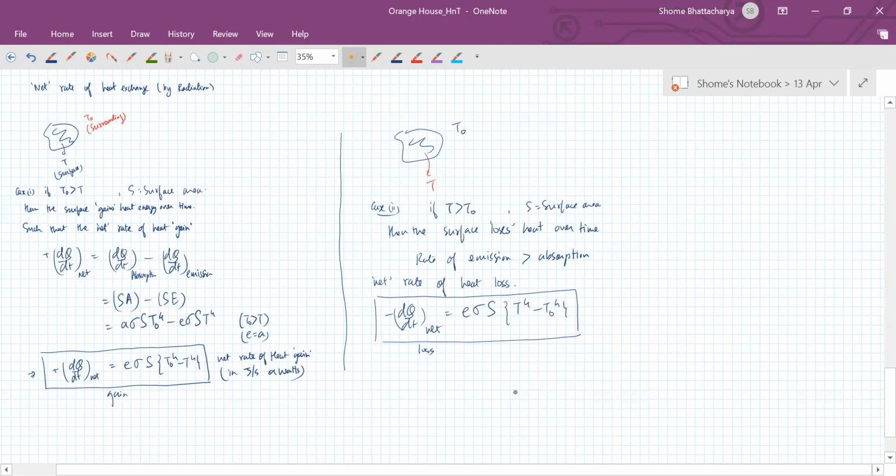Okay. So ultimately, when we are dealing with numerical problems, Stefan's law, these are the two important formulae. I mean, they are the same formulae.